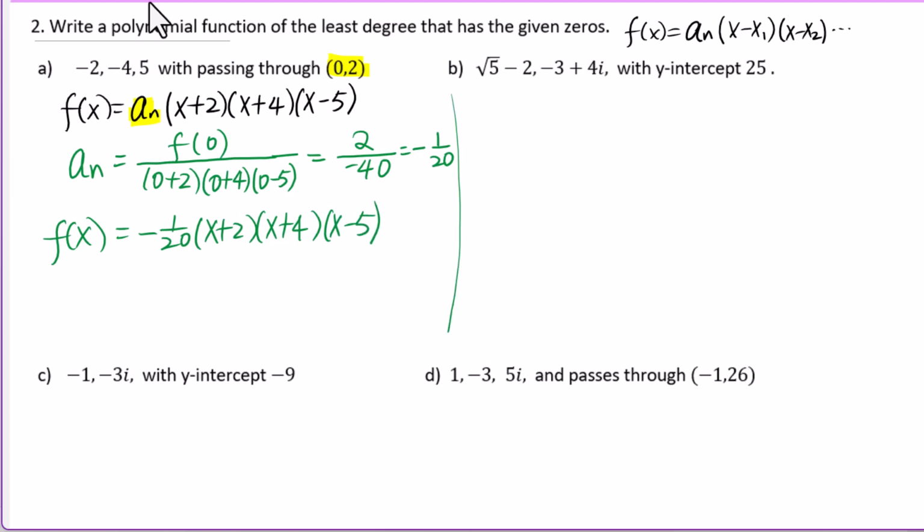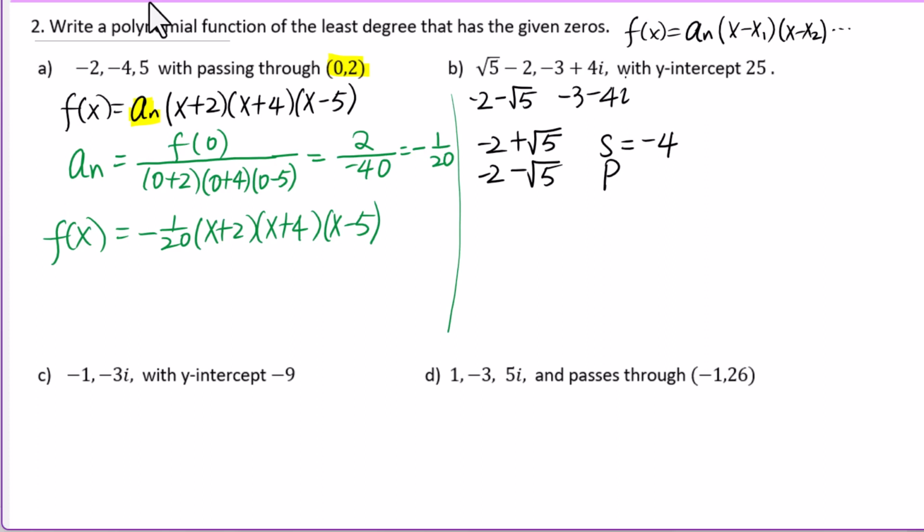For B, based on the conjugate root theorem, -2 minus square root of 5 is also a root, and -3 minus 4i is also a root. For -2 plus square root of 5 and -2 minus square root of 5, the sum equals -4.